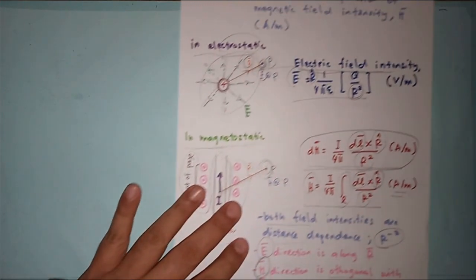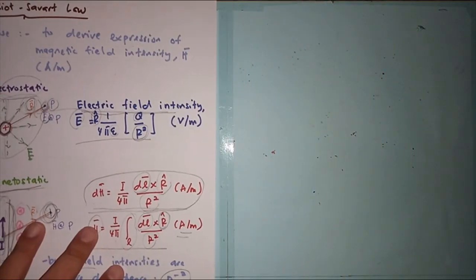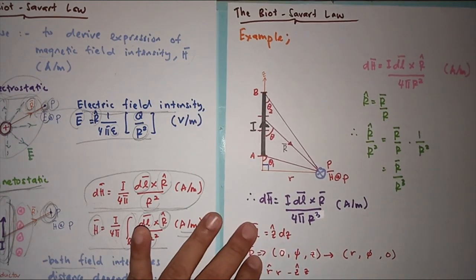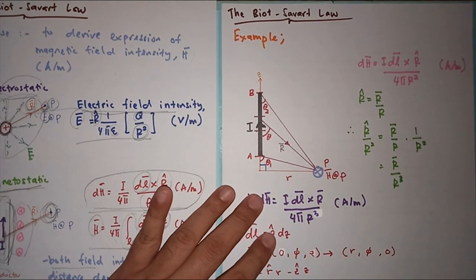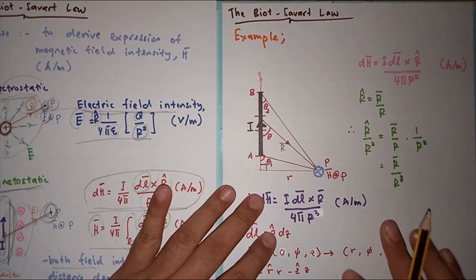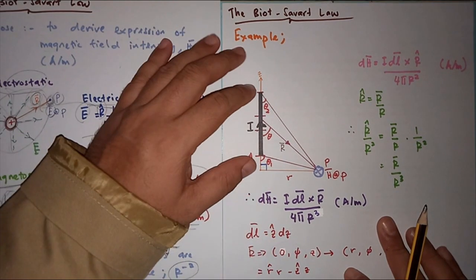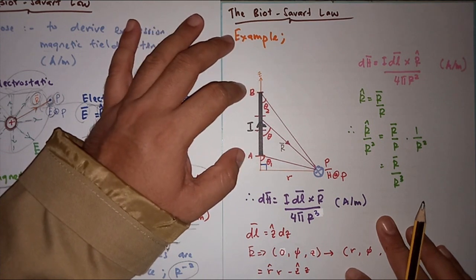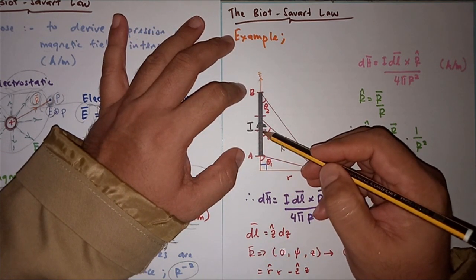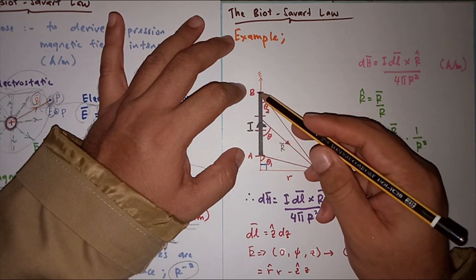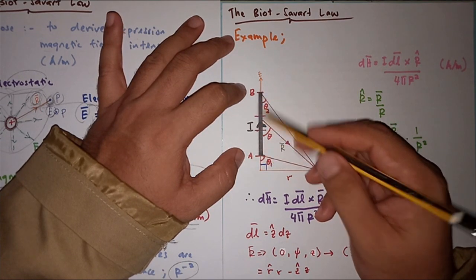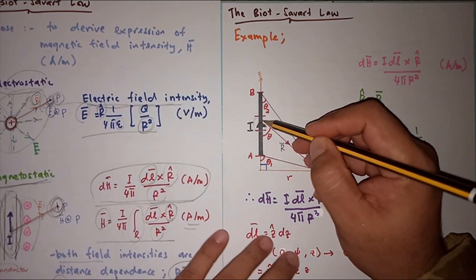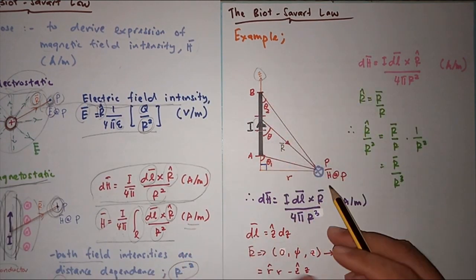Alright, in order to understand how we can apply the Biot-Savart law to express our magnetic field intensity, let's look at this example. We have one conductor with a length of L, and inside that conductor we have one current flowing, and the direction of the current will be in the z direction.